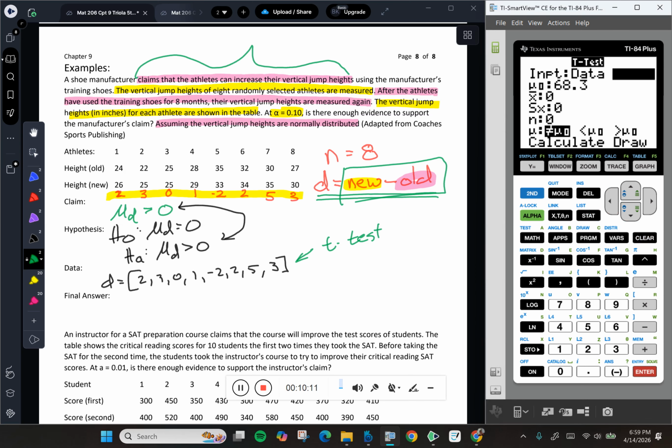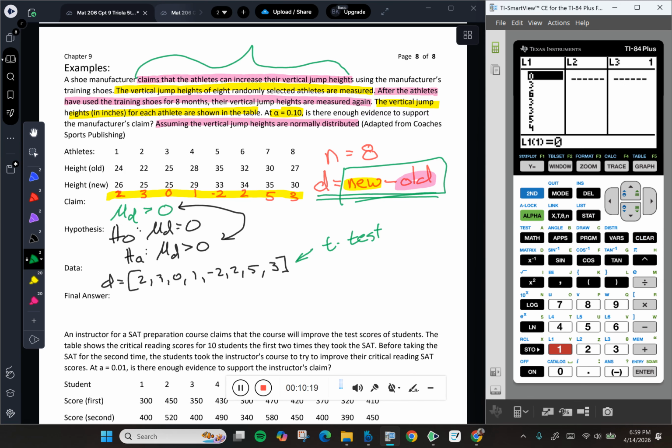But I don't have statistics, I have data. And when I have data, I first need to put the data in. So I'm going to go to my stat list editor, clear out that garbage, and I'm going to type this data set in. My data set is 2, 3, 0, 1, -2, 2, 5, 3.